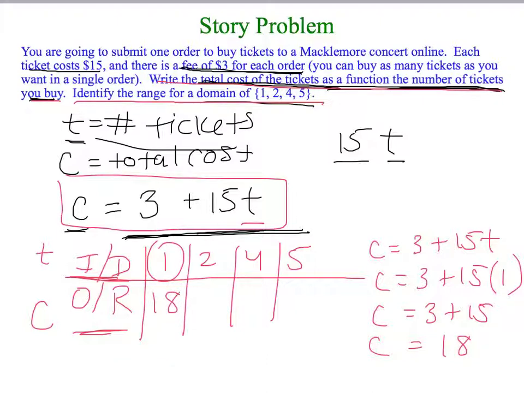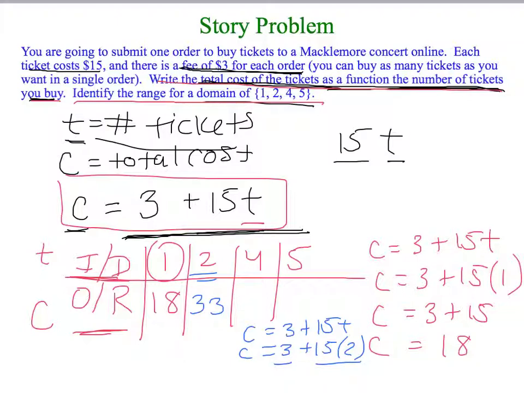Now if you buy 2 tickets, you would have the same equation, C equals 3 plus 15t, so the total cost equals 3 plus 15 times 2, because you're buying 2 tickets. So 15 times 2 would give you 30. 30 plus 3 gives you 33, and that's your value for C, 33. And you can do the same thing for the other ones.